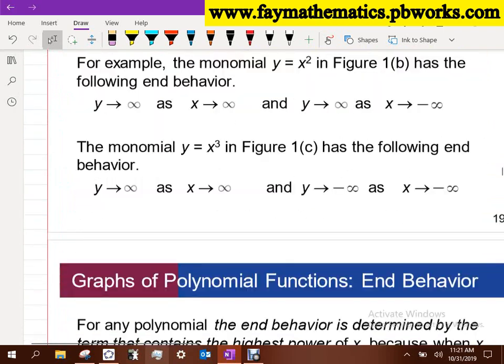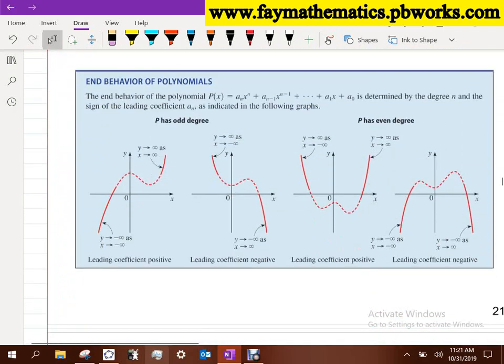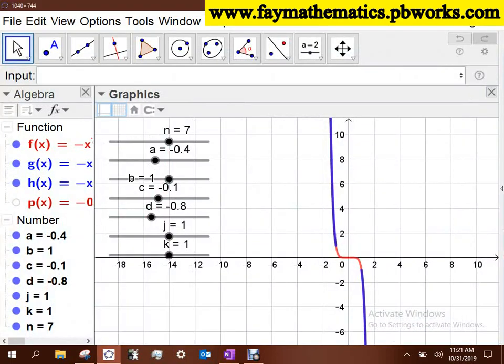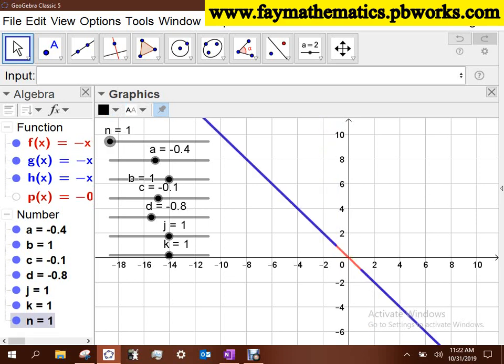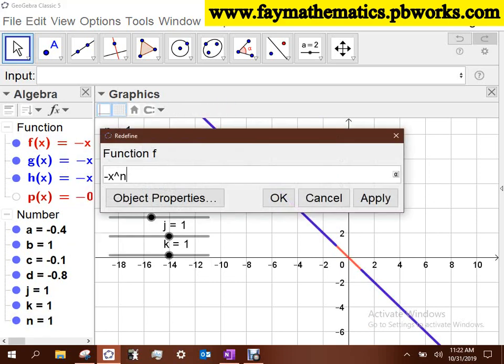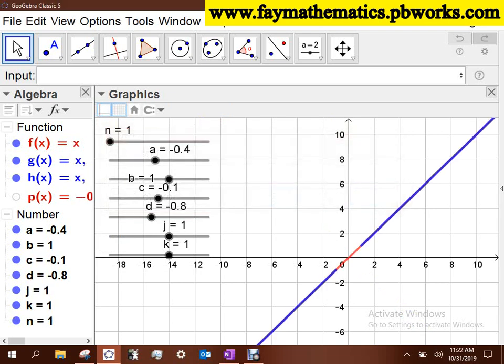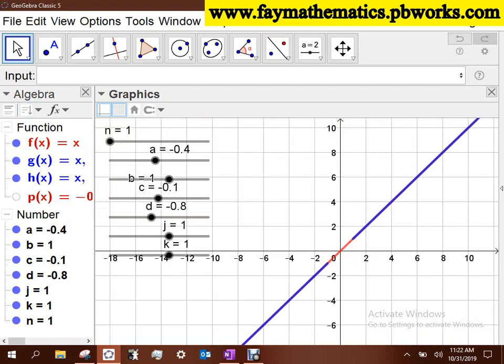But end behavior, we talked about for odd degree polynomials yesterday. So I've got this set up from last class. We'll just use this one. This is x to the first power.